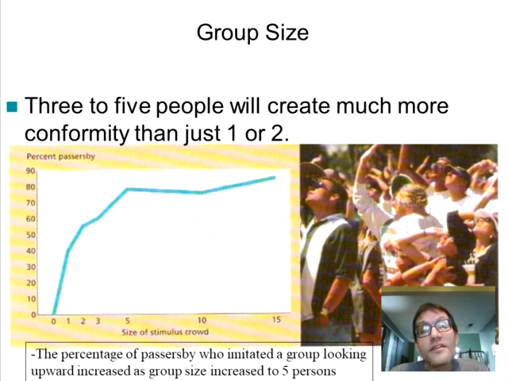If there was one person looking up, 40% of people passing by looked up. Then 2 people, 3, 5, and you see what happens is it really levels off here. Once you get past about 5, it might as well be 100, right? So at some point, 1 or 2 is much different than 3 to 5.